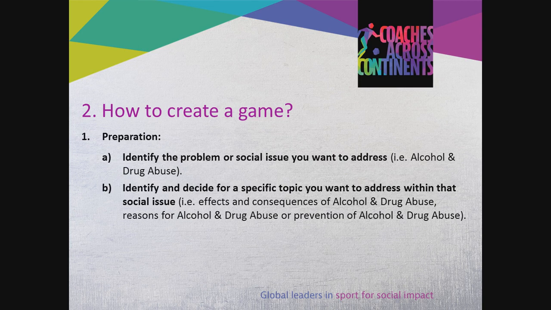But we could also instead focus on reasons for alcohol and drug abuse. Why do people get addicted? Or we could also focus on different ways and forms to prevent alcohol and drug abuse. And these are just three specific examples of topics within the broader social issue of alcohol and drug abuse. And there are many more topics you can address.